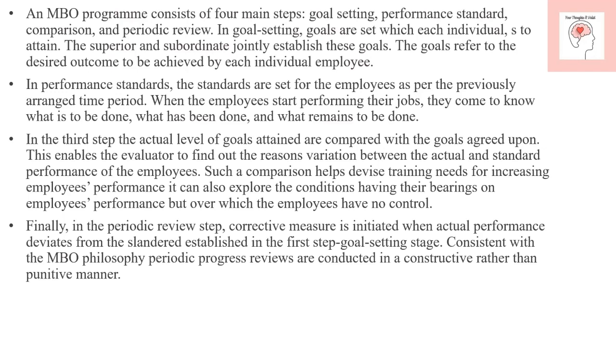The goals refer to the desired outcome to be achieved by each individual employee. So the first step, which is goal setting, is a process in which managers and subordinates set the goals for every employee, and they together decide what goals every employee should work upon.